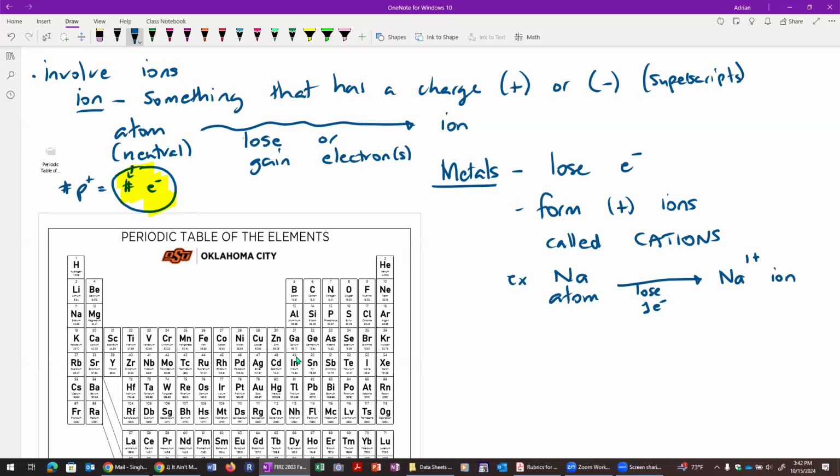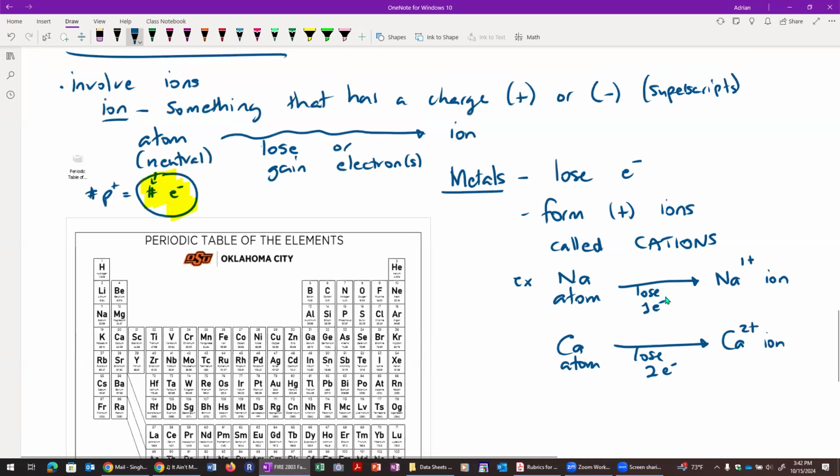We take a look at calcium. The calcium atom actually prefers to lose 2 electrons. And when it does that, guess what? We end up with something with a 2 positive charge. That's a calcium 2 plus, and that's called the calcium ion. That's a cation. So metals are going to want to lose electrons.